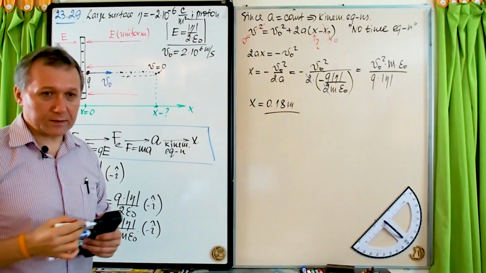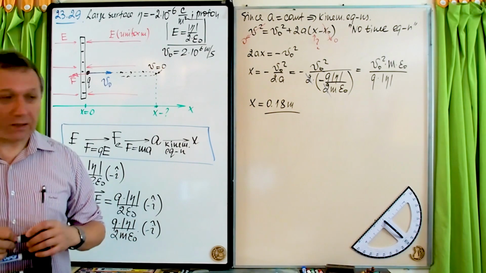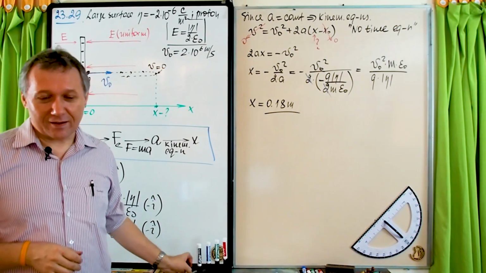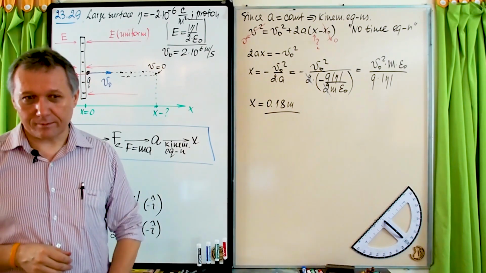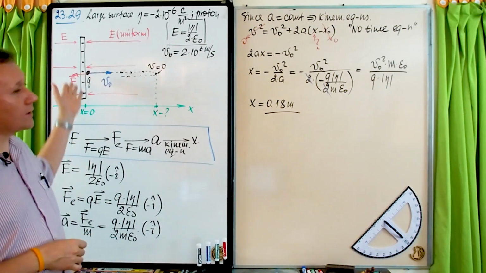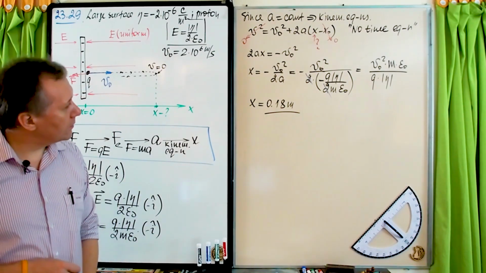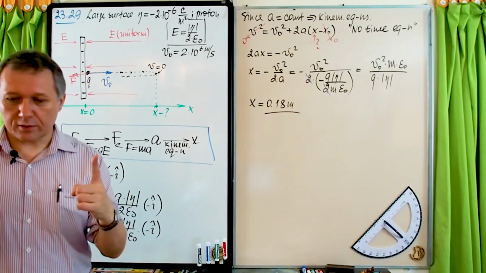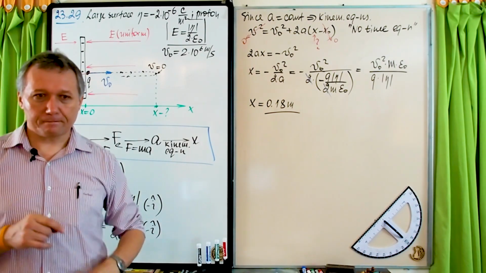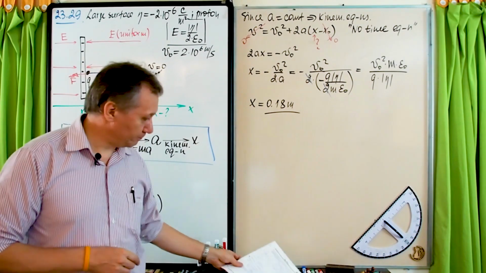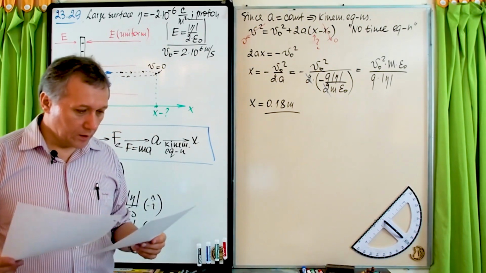That's the distance the proton travels with this velocity if you shoot it from the negatively charged surface. So it's 18 centimeters, something like this. It's a decent distance.